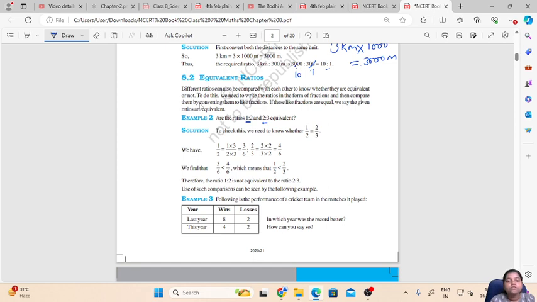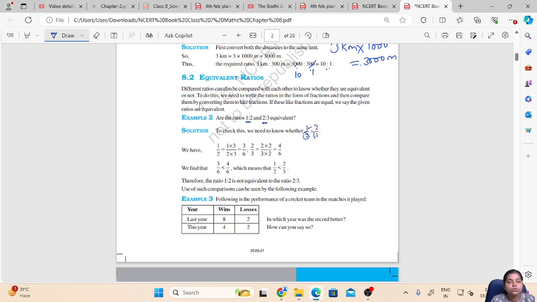Then we know about cross multiplication. Here this 1 by 2 we have to multiply with this denominator, that is 3, and here we have to multiply with this denominator, that is 2. After multiplying, 1 times 3 gives 3, and 3 multiplied by 2 gives 6. Then we need to multiply the other fraction also.